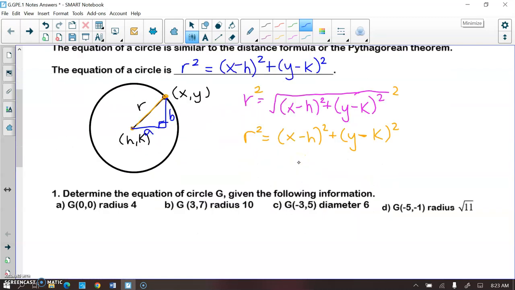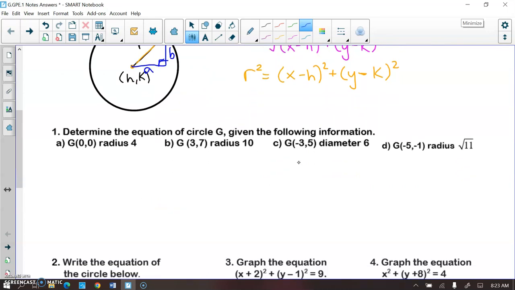So let's get to work. It says for number 1, for A, B, C, and D, we are going to write the equation of our circle. So you take the radius and you square it. And then the center of your circle, that's our h and our k value.